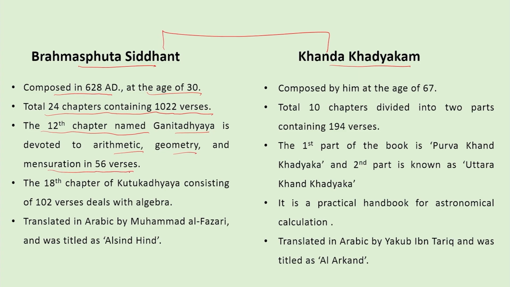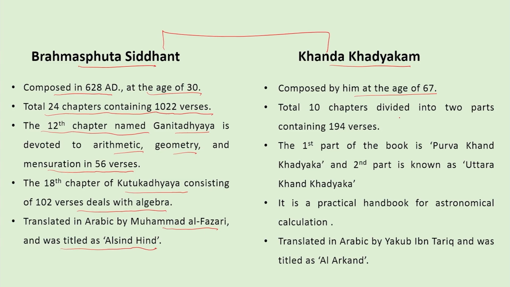The 18th chapter, Kutakadhyay, consisting of 102 verses dealing with algebra, was translated into Arabic by Muhammad al-Fazari and titled Al-Sindhind. Now, moving to the next text, Khandakhadyam, composed by him at the age of 67.